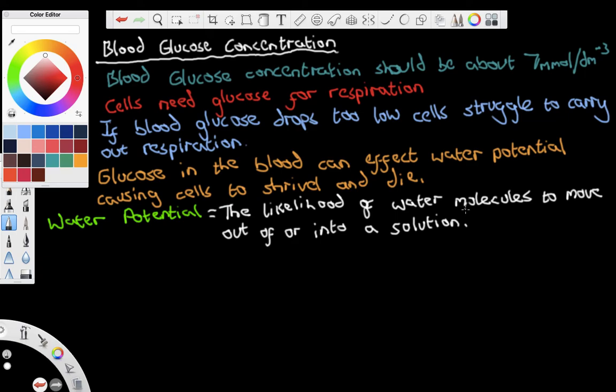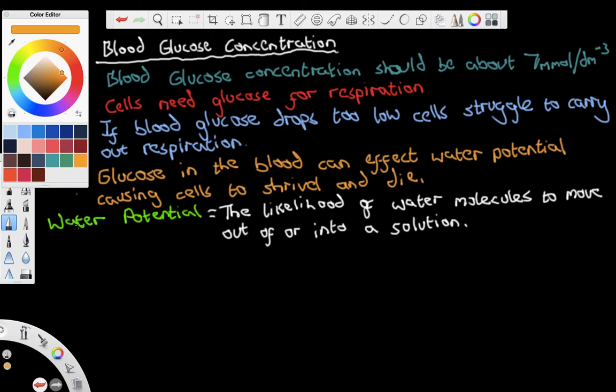So if glucose is high inside the blood, it can lower the water potential of the blood. Therefore, water would leave cells by osmosis, causing them to shrivel.